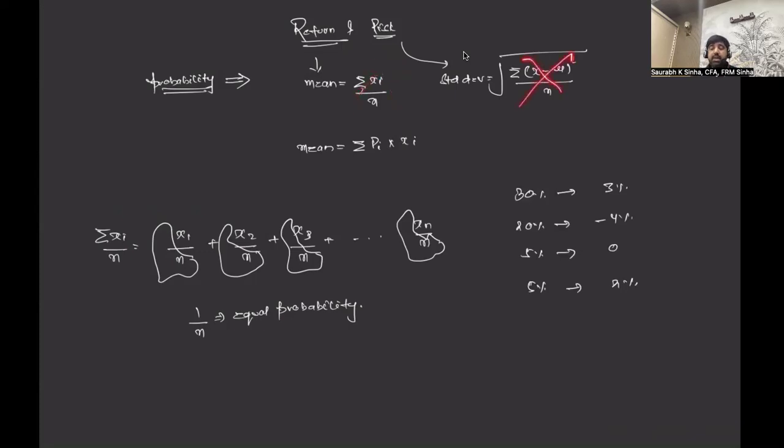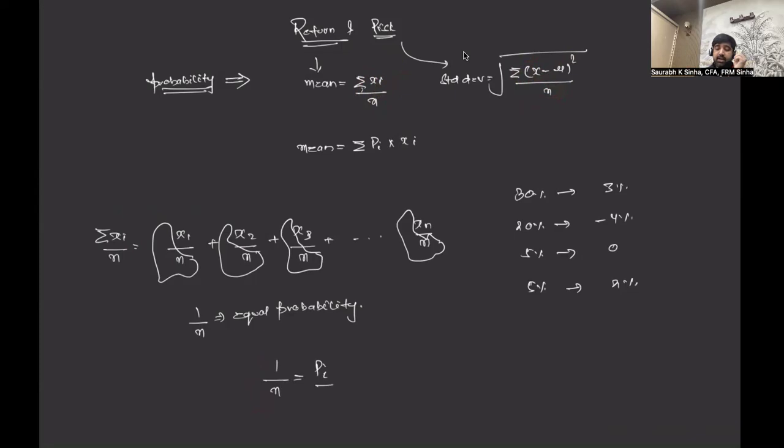Or this formula would be incorrect because in these two formulas, there is 1 by n hidden. Even in this formula, 1 by n is hidden. So you have to remove that 1 by n and make it what? Probability. So 1 by n is stating equal probability. But now we are saying no, you cannot use the equal probability assumption.